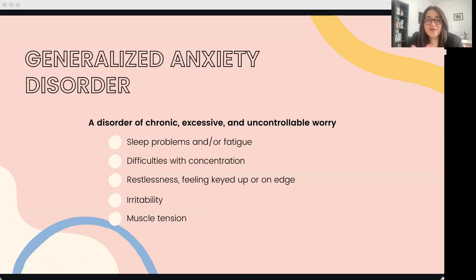And that's because constant worrying leads to a state of anxiety, and that triggers our fight or flight response as well as our sympathetic nervous system. We see irritability. And again, this is just a byproduct of being anxious and worried nearly all the time. And we also see muscle tension, especially in the jaw and in the neck, since these are the muscles that we tend to flex, perhaps unknowingly, when we're feeling anxious.